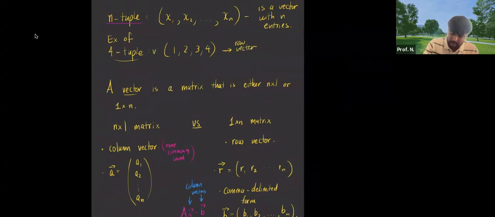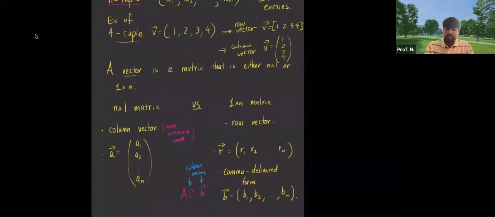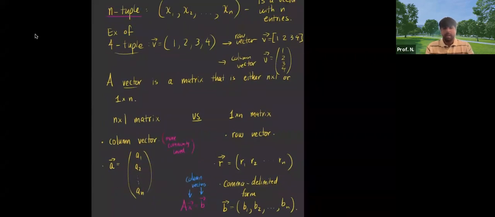If I call this V, then the row vector would just be 1, 2, 3, 4, and the column vector version of this would be 1, 2, 3, 4 stacked in a column. That's all. So comma delimited form just means I have commas in there. The row vector just means that my numbers are across a row with no commas.